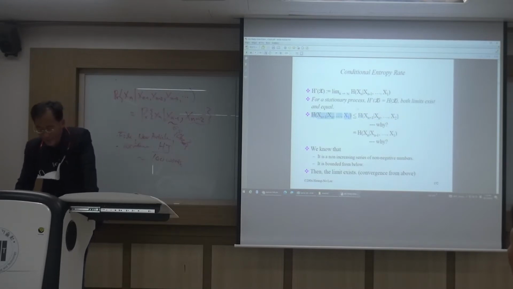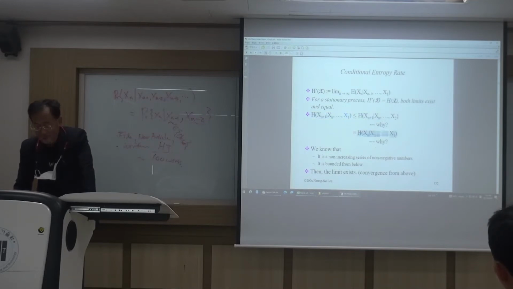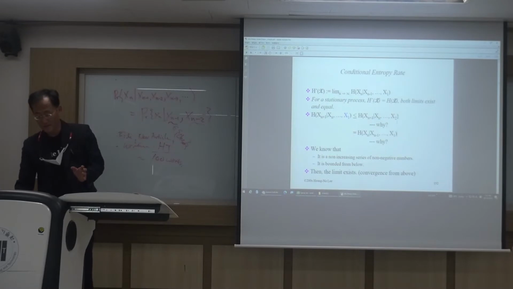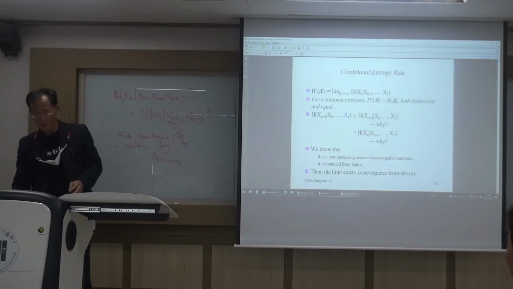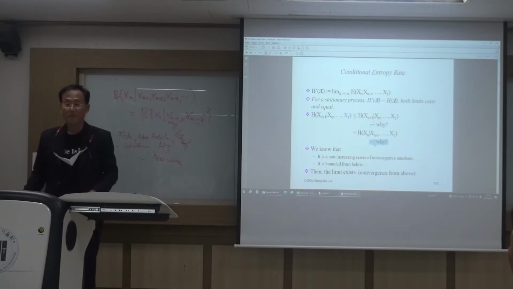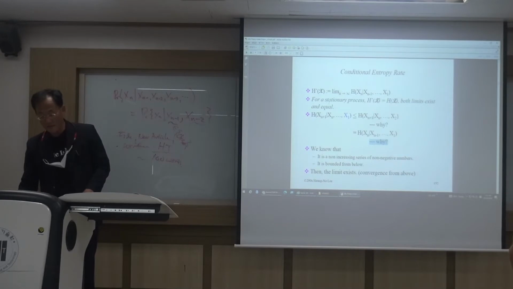Now I say that this one is equal to that. What's the difference? I have translated this relation one step downward, from n plus 1 to n to n minus 1, and so on. Why? Because I said it is a stationary process.